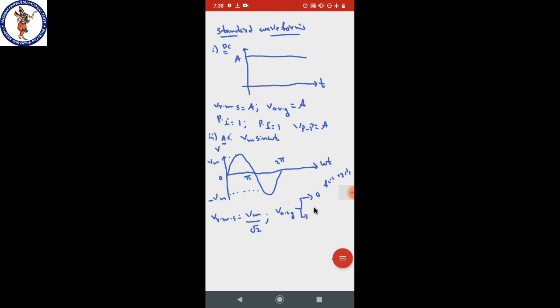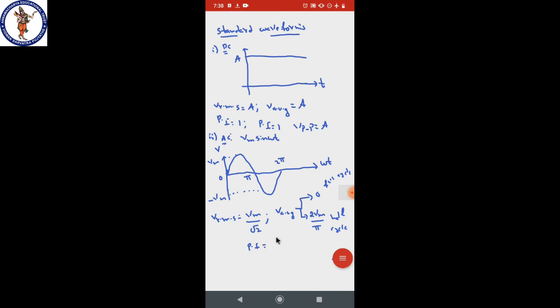This is very important for the average value. 2 Vm by pi is for the half cycle only, 0 to pi only, half cycle.